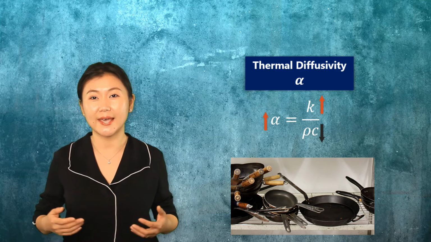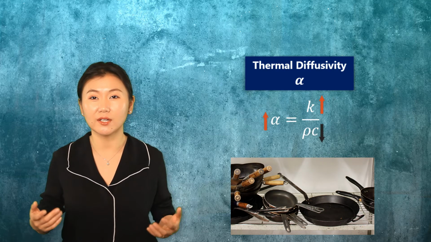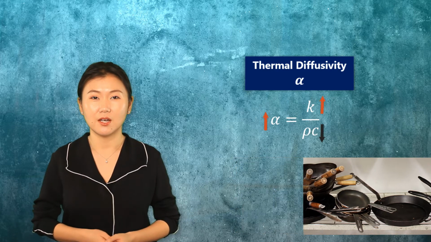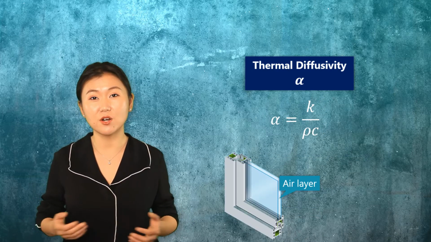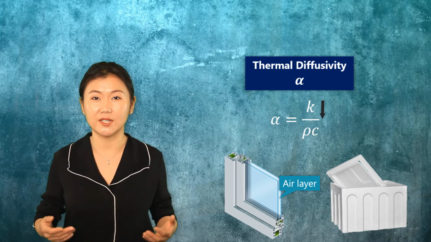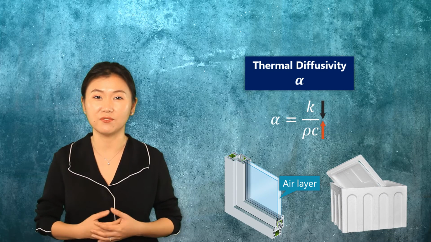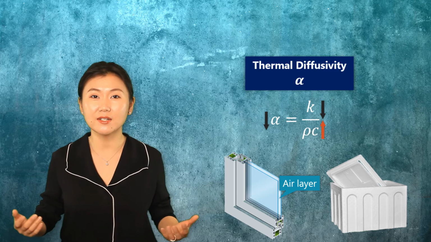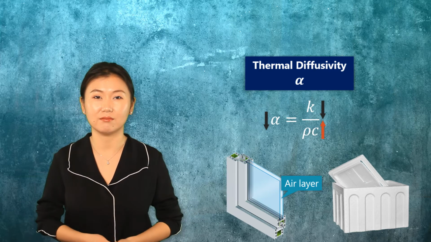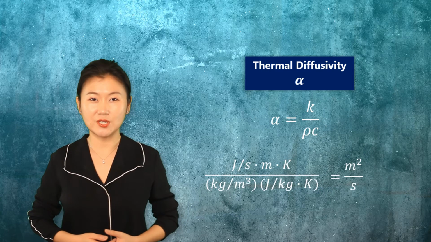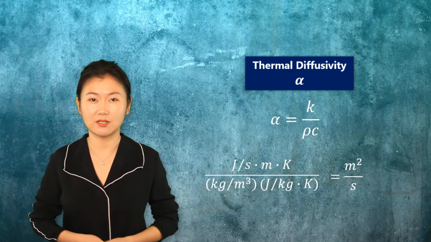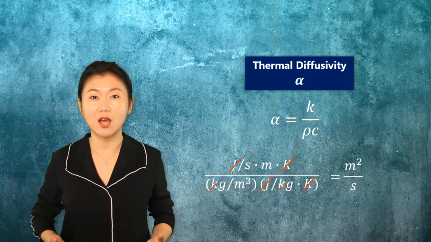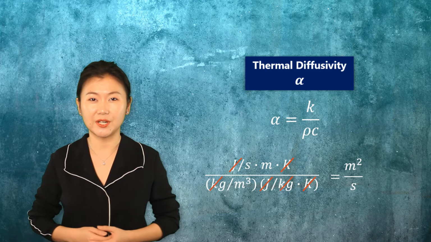Such materials get heated up quickly and also conduct heat from one part to another part rapidly. Materials such as air and styrofoam have low thermal conductivity and high thermal capacitance for unit volume, so they have low thermal diffusivity, and thus heat doesn't spread through materials very quickly. The unit of thermal diffusivity is meters squared per second. The heat energy unit joule and temperature unit get cancelled out from the numerator and the denominator based on the definition.